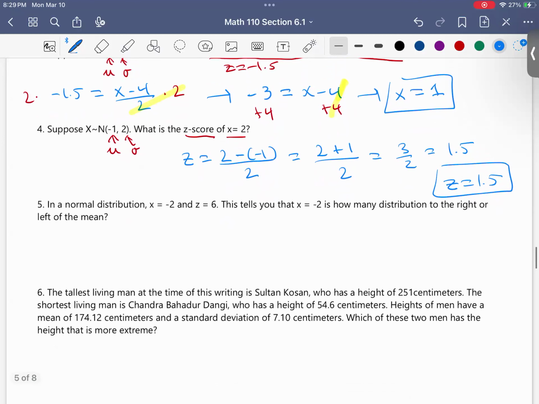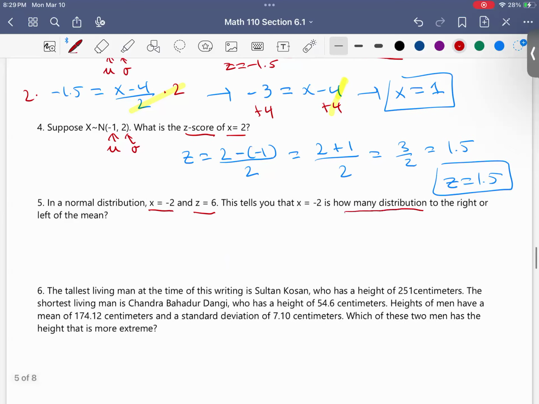Okay, let's look at number 5 now. So in a normal distribution, x equals -2, we have a z-score of 6. And so this tells you that x equals -2 is how many standard deviations to the right or left of the mean. So we're talking about z equals 6. And since it's positive, it's going to be to the right.